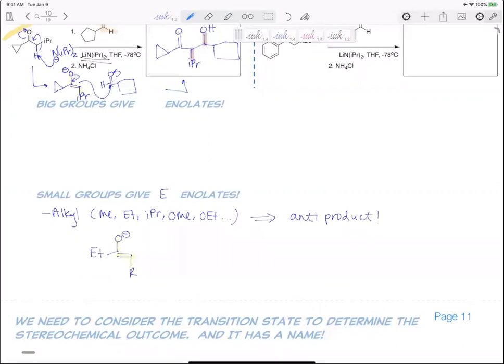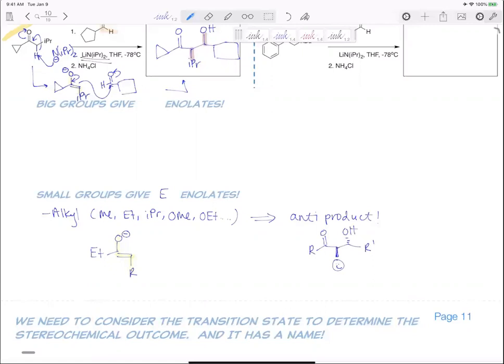So our R group would have something here, and the alcohol will always be anti to it. This is something that we're going to consider through the two transition states, and vice versa for big groups.